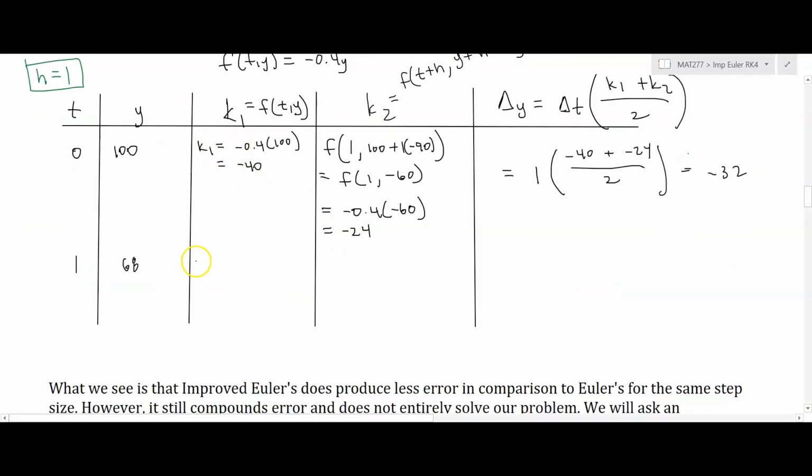To get K1, I need to take -0.4 times my current y value, because it is simply the slope based on the current t,y pair. Again, t is not relevant because this is an autonomous equation, but this would come out to -27.2. Now, for the next piece, I have to take f of t plus h. My current t is 1, and adding 1 makes this f of 2.